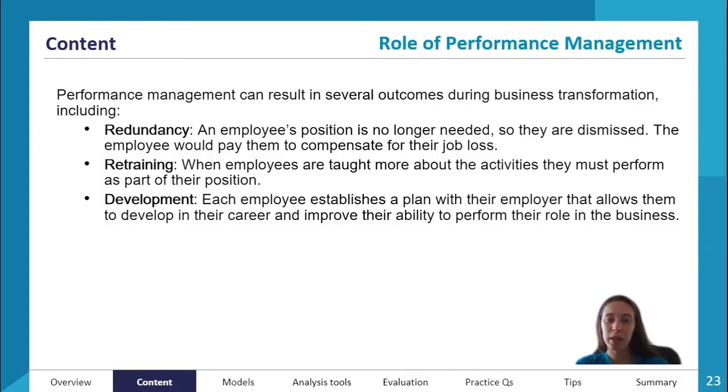And performance management can result in several outcomes during business transformation. I mentioned there how you could lose your job. So redundancy is one. That's not the same as just being fired, though. It's about when an employee's position isn't actually needed anymore and they're let go as a result. So the employer would have to pay them to compensate for the job loss.